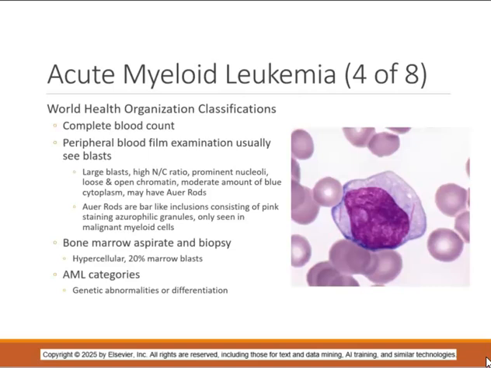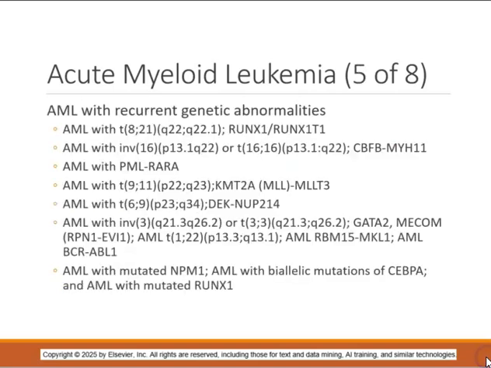I mean, we don't have to wait. We sort of know what kind of angle we've got to go to. The bone marrow will definitely give us the diagnosis of greater than 20% blasts in the bone marrow. And then we start looking at the different categories of AML, depending on the immunophenotyping, the genetic abnormalities, and molecular stuff that we can find.